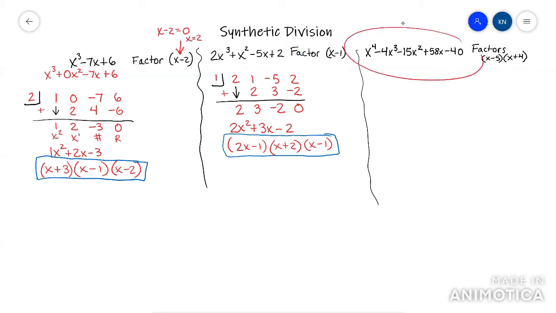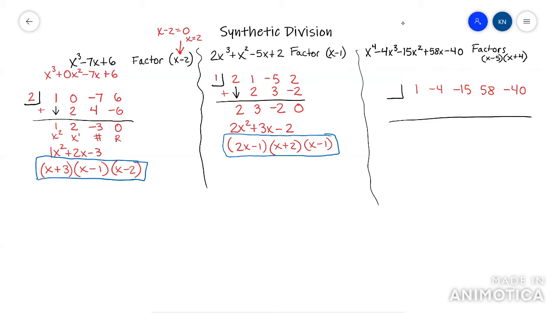Let's look at this last one. Sometimes they'll give you two factors. Stick to the plan and write down the coefficients. Now, if they give you two of them, it does not matter which one you choose first.